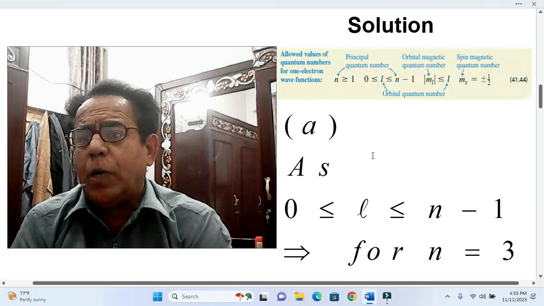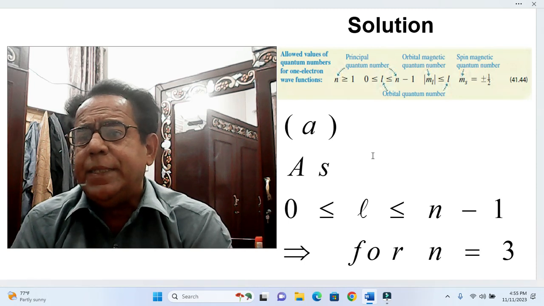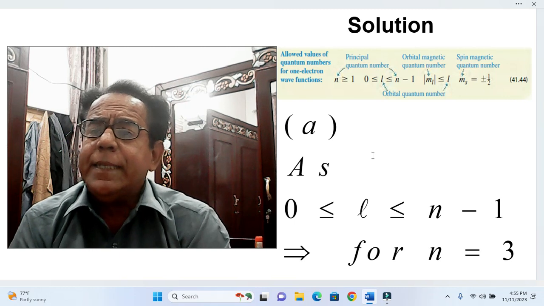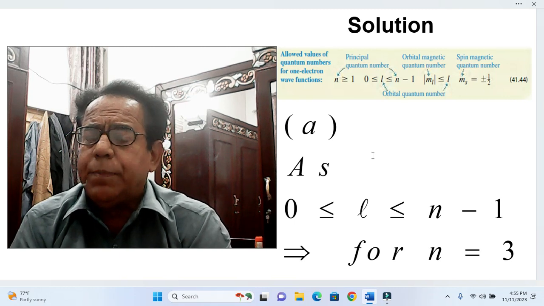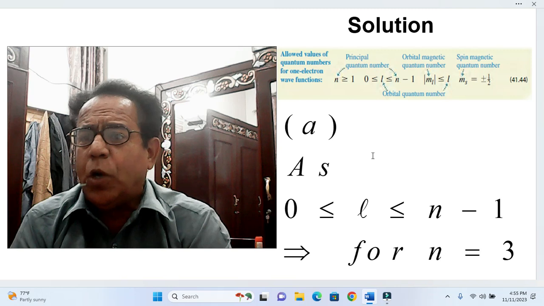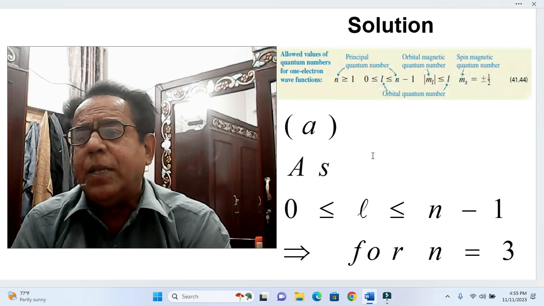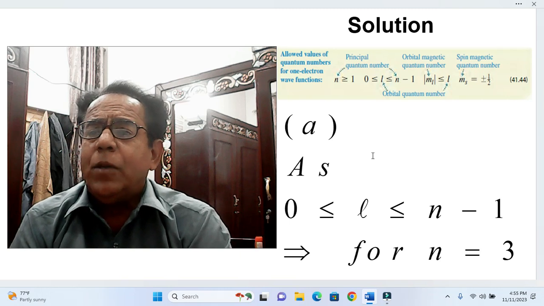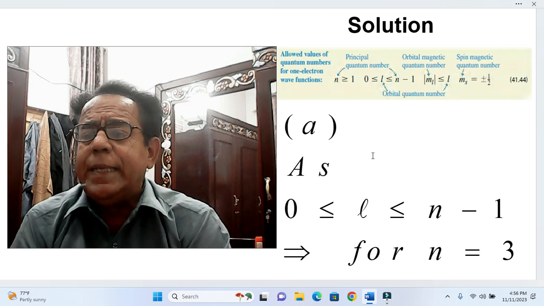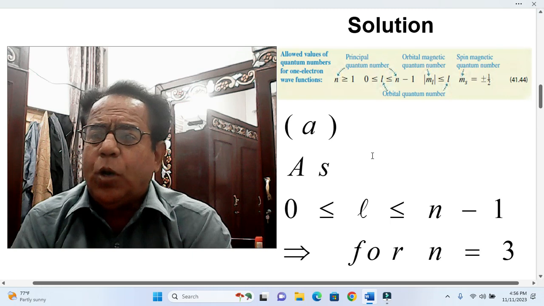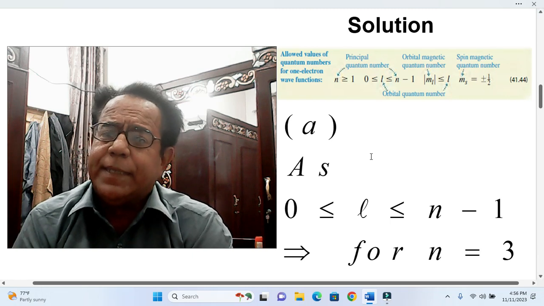The principal quantum number small n is equal to 1 or greater than 1. The orbital quantum number small l is either equal to n minus 1 or less than n minus 1, and similarly the orbital quantum number l is either equal to 0 or greater than 0.